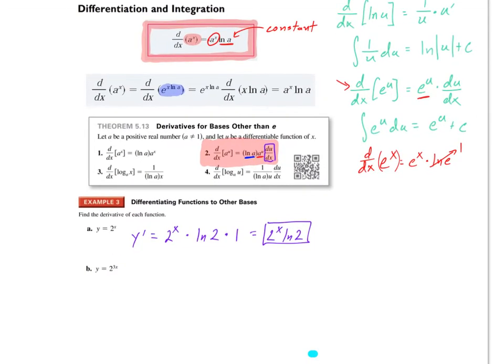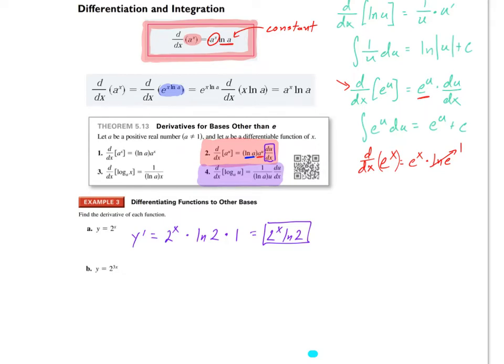That's why I would say memorize rule number 2, and then go on and memorize rule number 3 or rule number 4 here. This is for the derivative of any general log instead of general exponential. But we will get to that in just a moment. For now, let's do b again real quick.